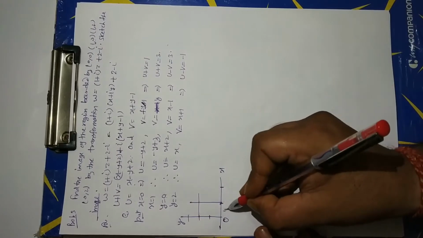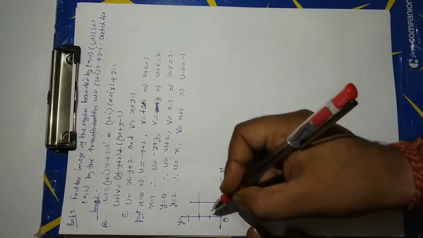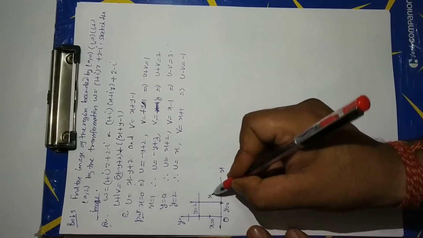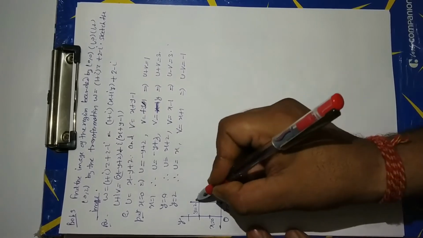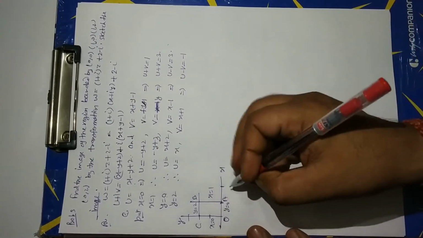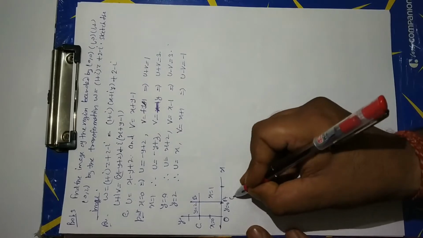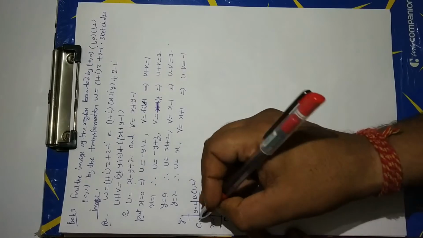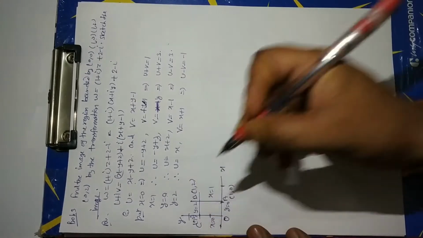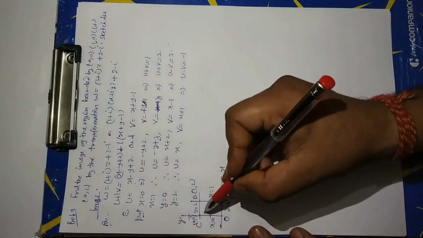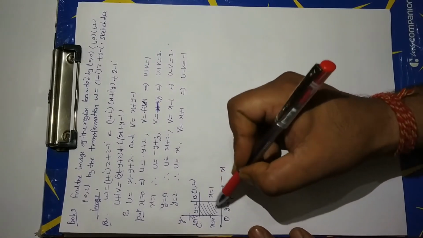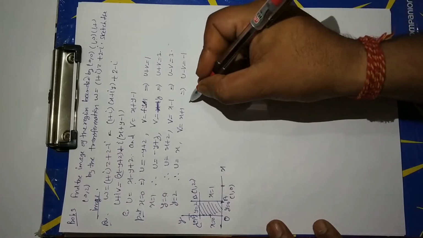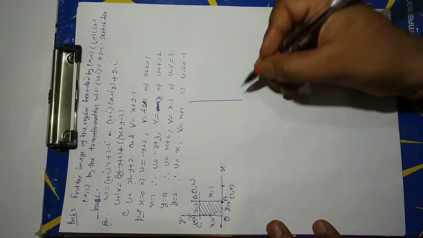Now y is equal to 0, y is equal to 2, x is equal to 0, x is equal to 1, with points A, B, C. Now position of A is (1, 0), position of B is (1, 2), position of C is (0, 2). That is the rectangular region, transformed into the w plane as follows.